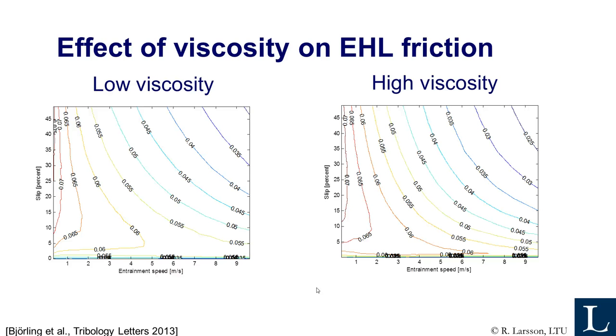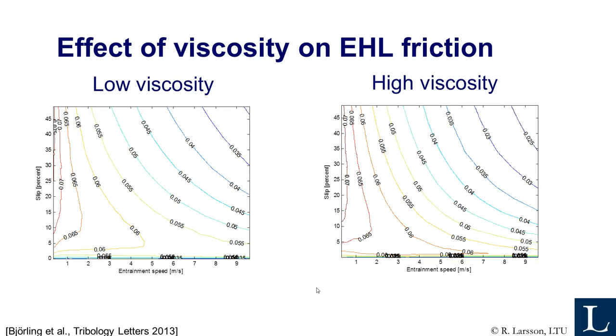But unfortunately, even in full film lubrication, and even if we don't come into mixed or boundary lubrication, the low viscosity, maybe a little bit surprisingly, gives you higher friction in the EHL contact, because in the EHL contact you have other effects than viscosity effects.